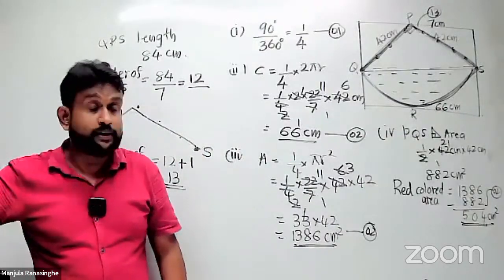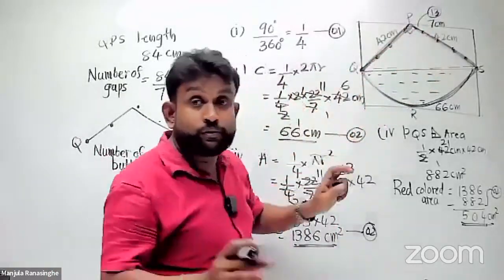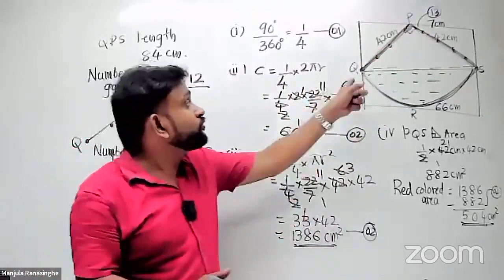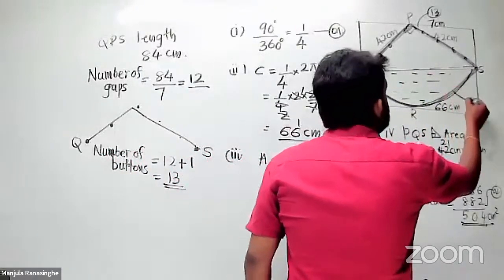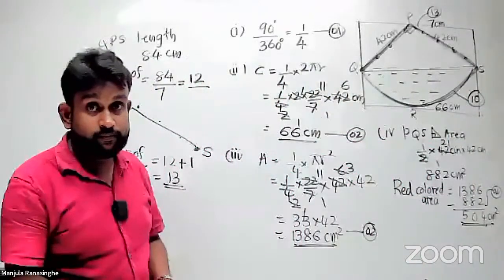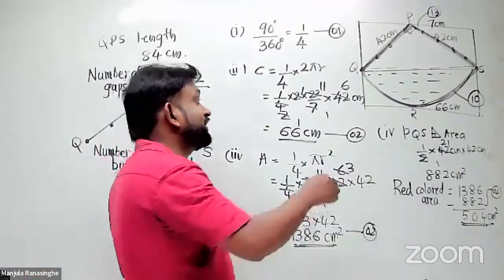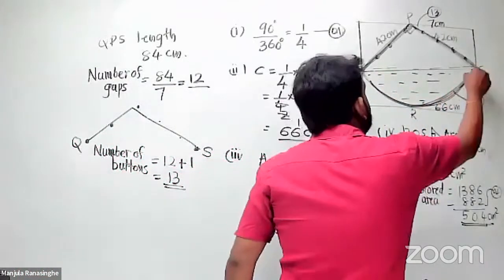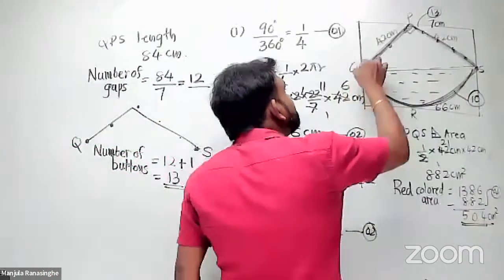Now we had altogether 23 buttons. So 13 gone for that one. Then how many buttons remaining for that part? QRS, 10 buttons balance. But remember there are two buttons at the two ends.